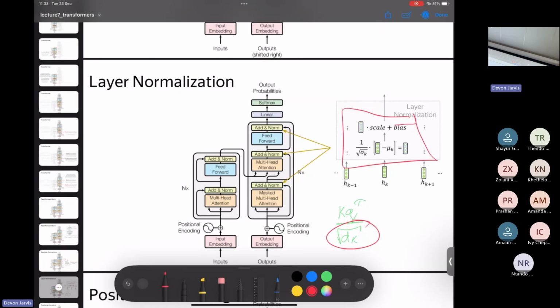Because this layer normalization that happens after every time I update my embeddings is the reason why I know to scale by the division of square root of dk. I know that's going to be an appropriate temperature to set following this layer normalization operation. Without layer normalization, that square root of dk in the softmax becomes a lot more unjustified.